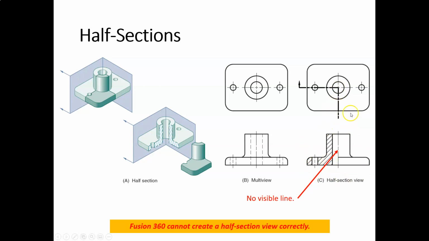Notice also there is no arrow on this side of the line. You will actually see textbooks and other images on the internet that are wrong. There is no arrow on this side. There is only one arrow in a half section.